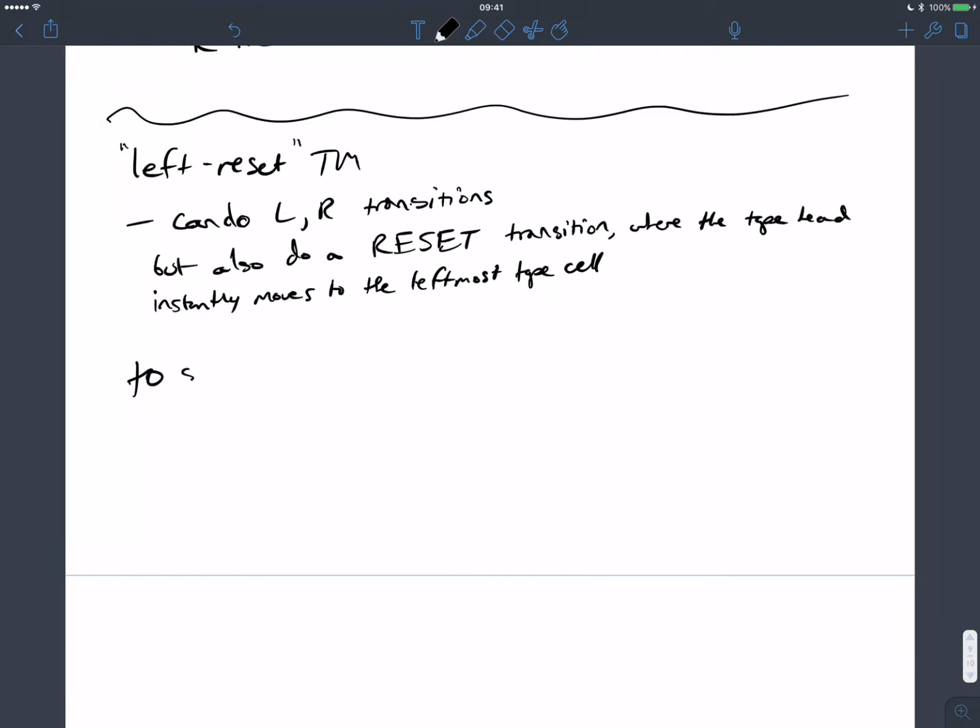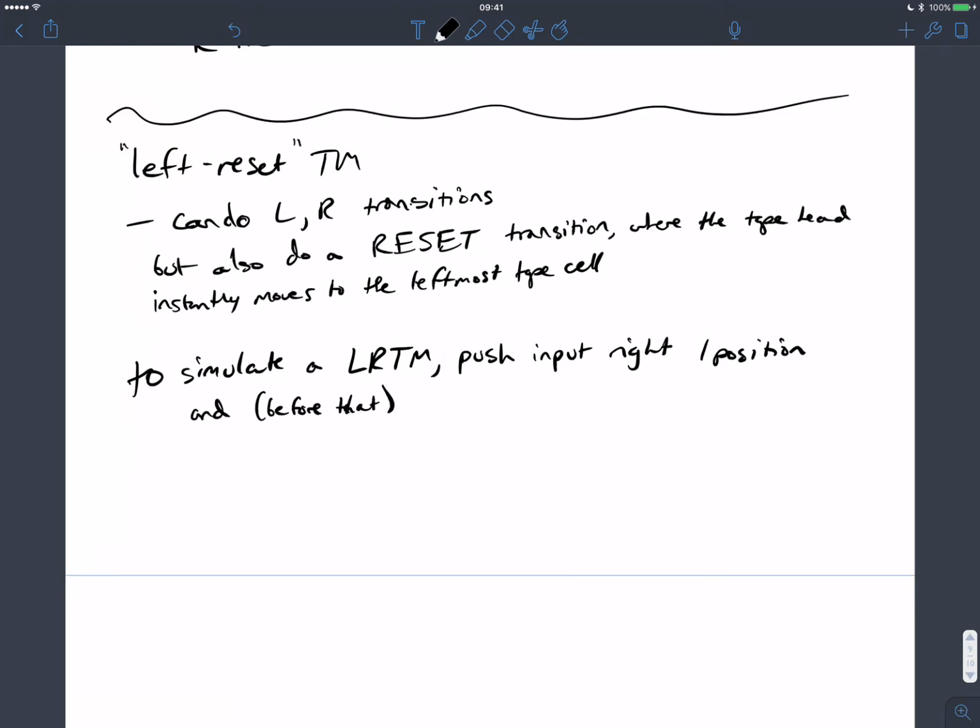So to simulate an LRTM, push the input right one position, and before that, mark the first cell with a special character.